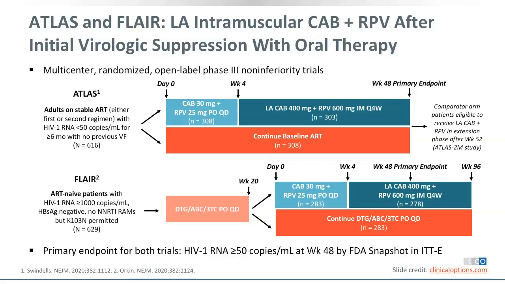In both of these studies, the investigators first started with an oral cabotegravir rilpivirine regimen, primarily to assess tolerability, before switching to the long-acting injectable regimen, primarily because the long-acting injectables have fairly long half-lives.